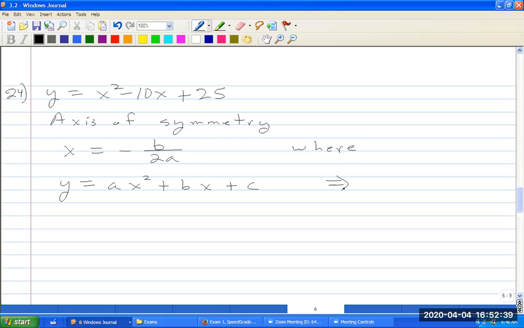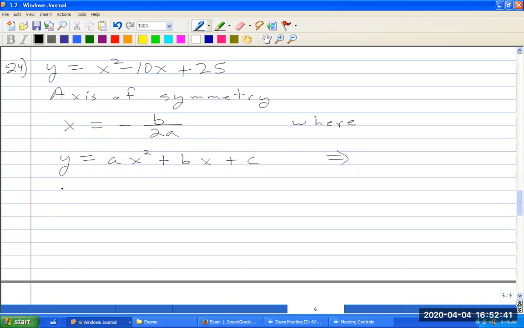And so let's determine my axis of symmetry. So it's x equal -b, the number in front of x, -10, over 2a, the number in front of x squared, 1.